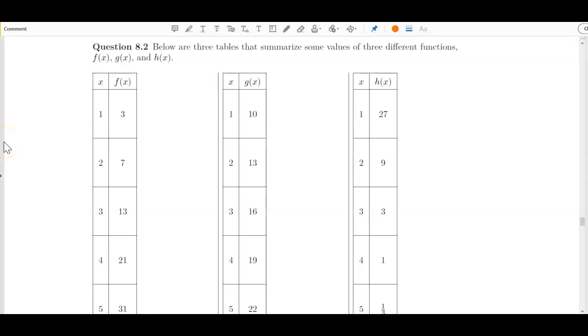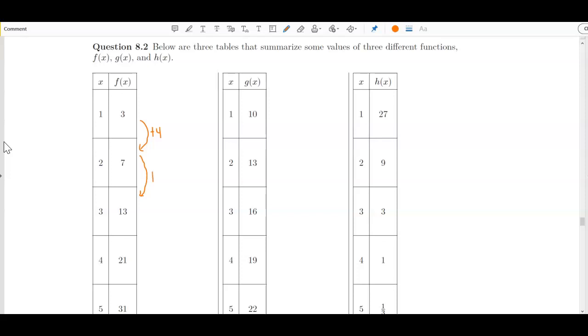Notice our x's are just increasing by 1 every time, which is good. But what is happening on our f of x? If I'm moving from 3 to 7, like it's being added, 3 plus 4 is 7. And then let's keep that going down here. Well, 7 plus what gives me 13?